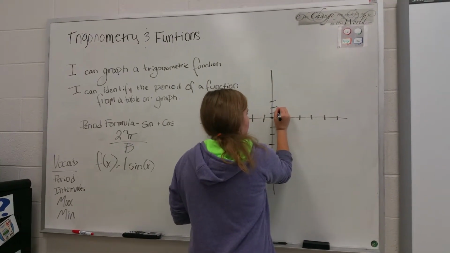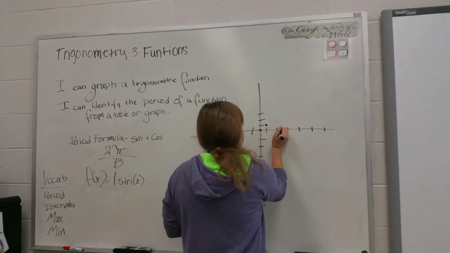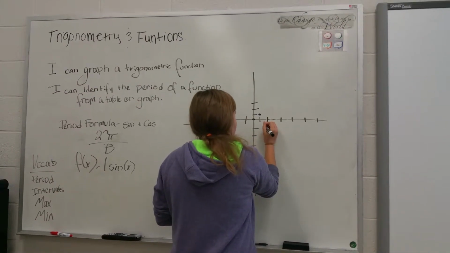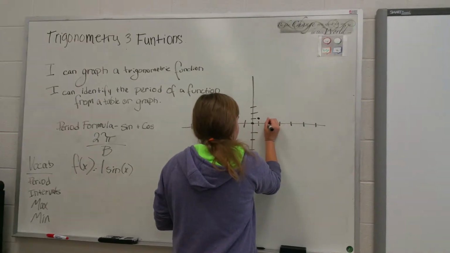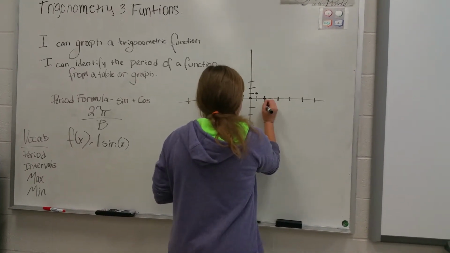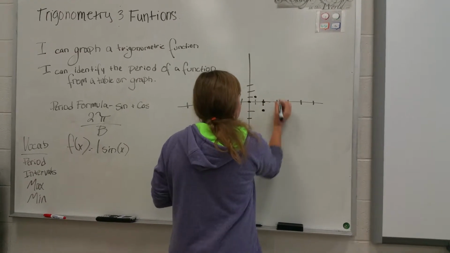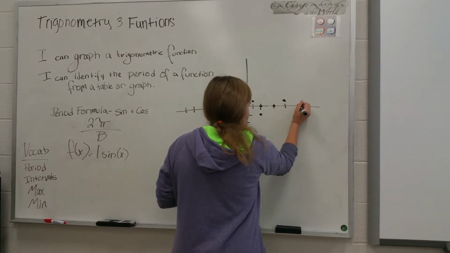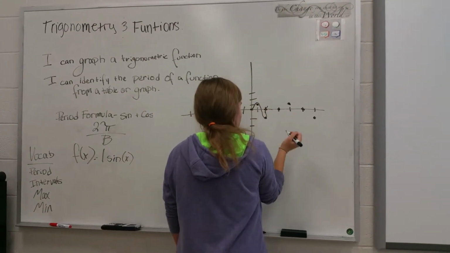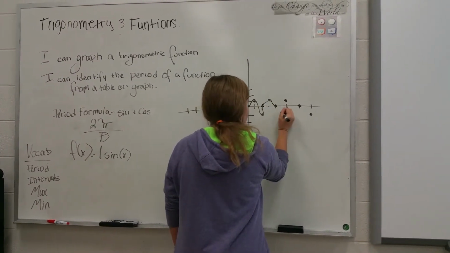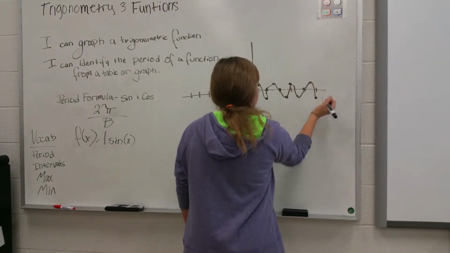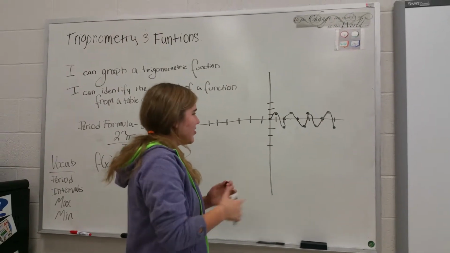You would hit point 1, 1, and then point 2, 0, negative 2, negative 1, and continue. I'm sorry, I'm not a very good drawer.